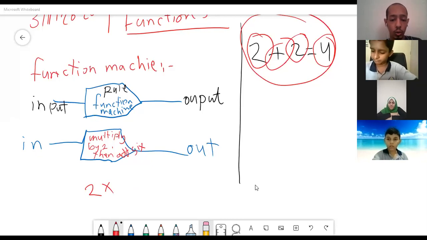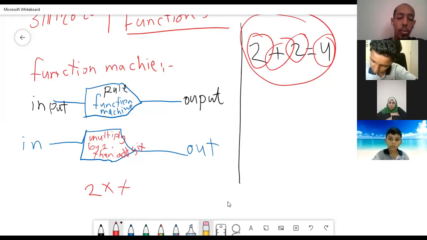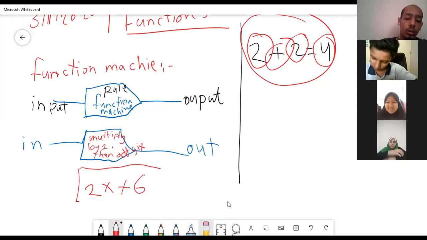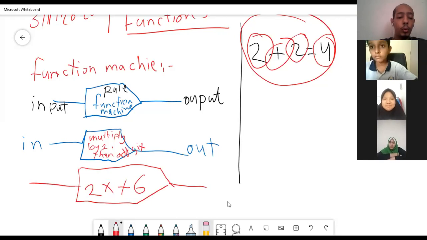The input is going to be multiplied by 2. So we represent the input as an unknown variable, which is x. Then we are going to add 6. So this is our rule. This is the function machine, and this is the input. This is the output.